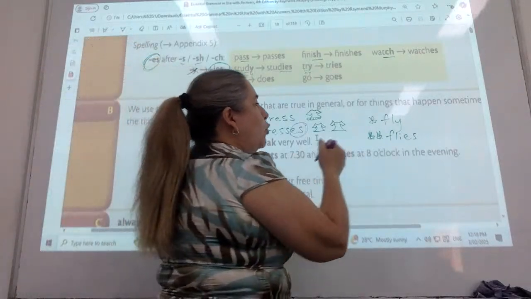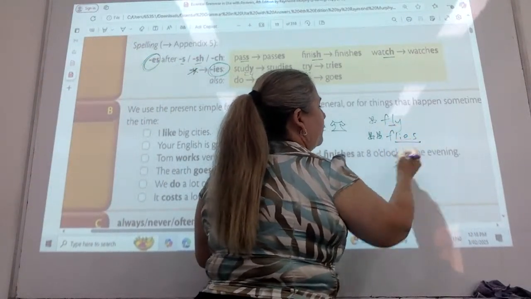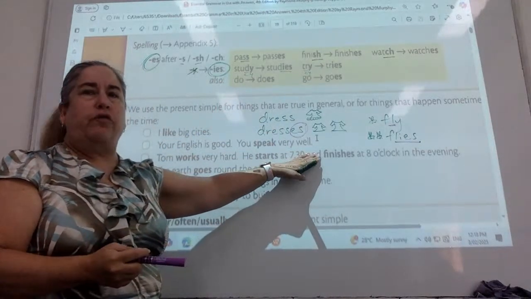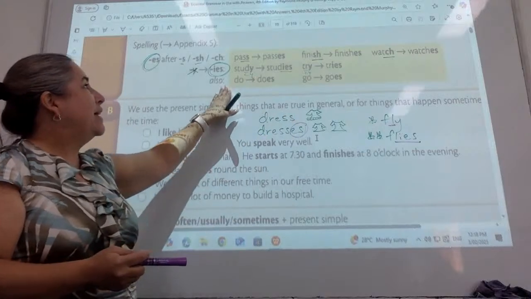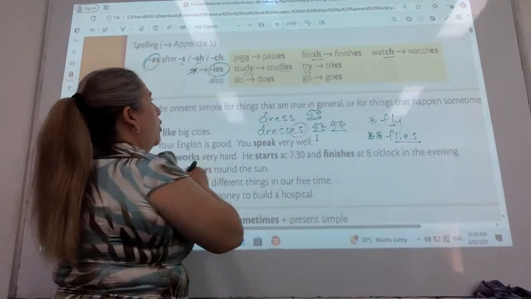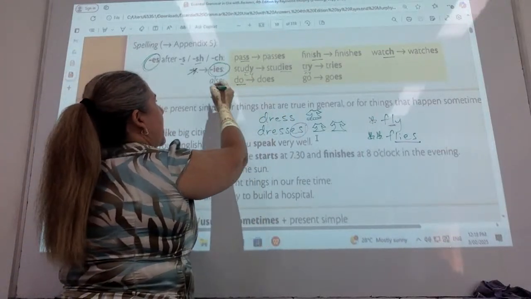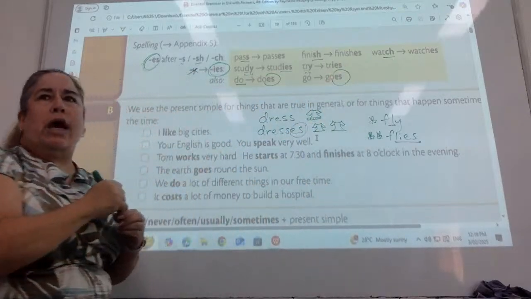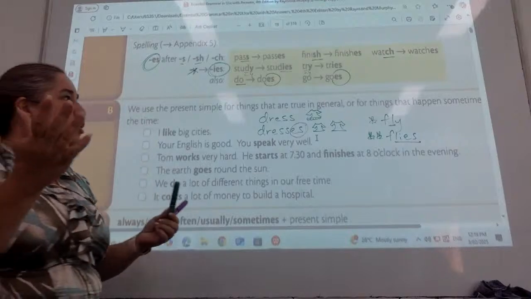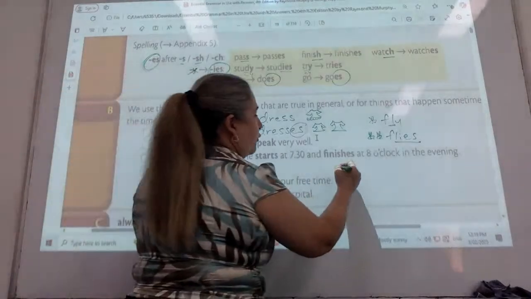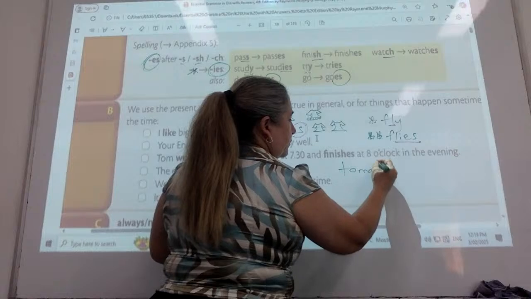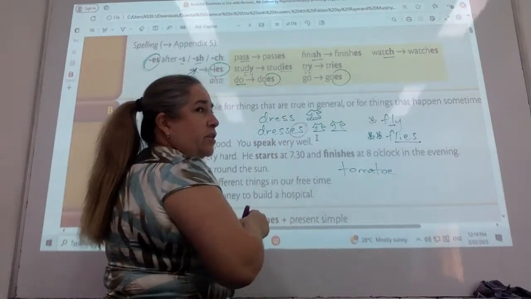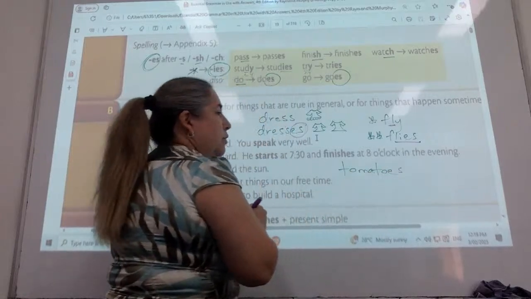So the same rule applies if it is a thing. So not only for action, but also for things. And here it says, well, if we have an O, we're going to add ES, so do and go. And just like, for example, tomato, we're going to say tomatoes, correct?